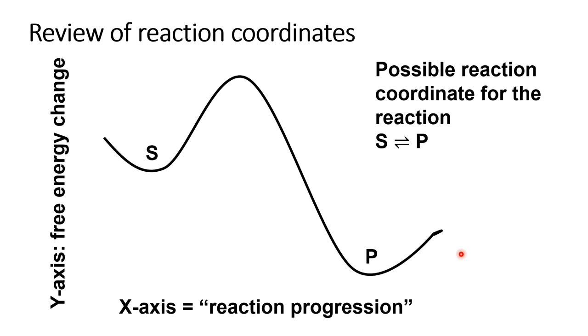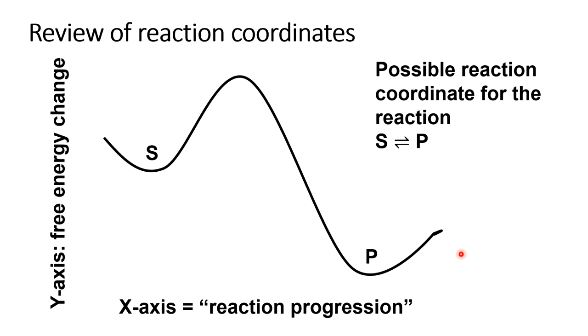You've probably seen this a couple times. These aren't typically drawn with axes, but we'll define what the axes are. First of all, the y-axis is a free energy change. Sometimes this is also expressed as an enthalpy change, but for the most part, we'll be looking at free energy changes, so delta G.